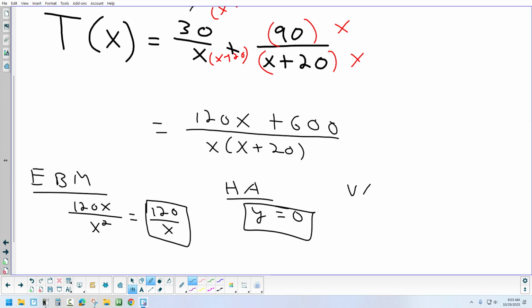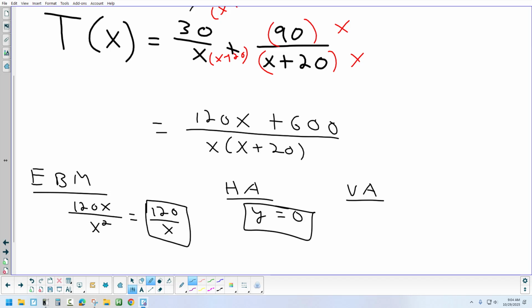Vertical. What are we looking for when we're trying to find the vertical asymptotes? Yep. The roots of the denominator, as long as we don't have any common factors. The only thing you could factor out at the top is, I guess, a 120 from each of them, but it's not going to give you one of the factors at the bottom.